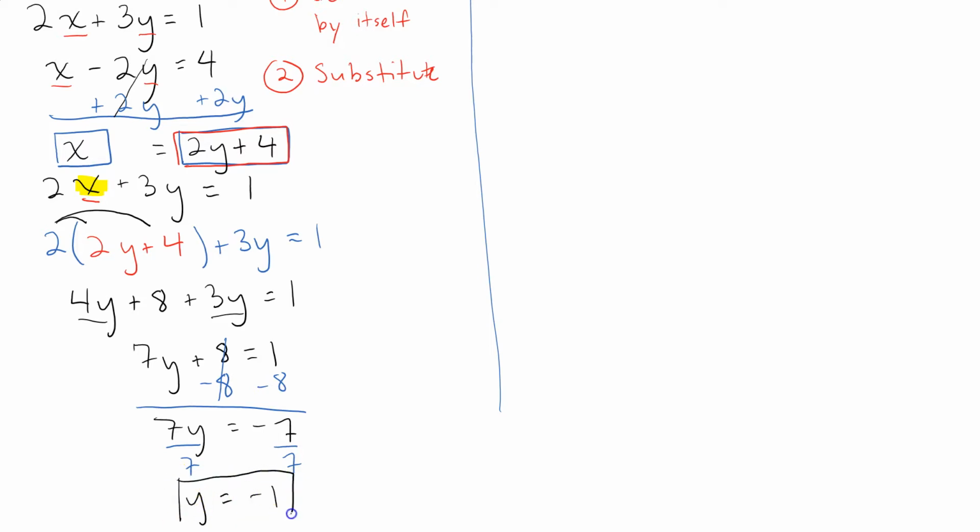So there we go. We know one of the numbers that's going to work for both of these equations is the variable y equals negative 1. However, as we saw before in the original examples, we need to know the values of both variables, not just y, but x and y.